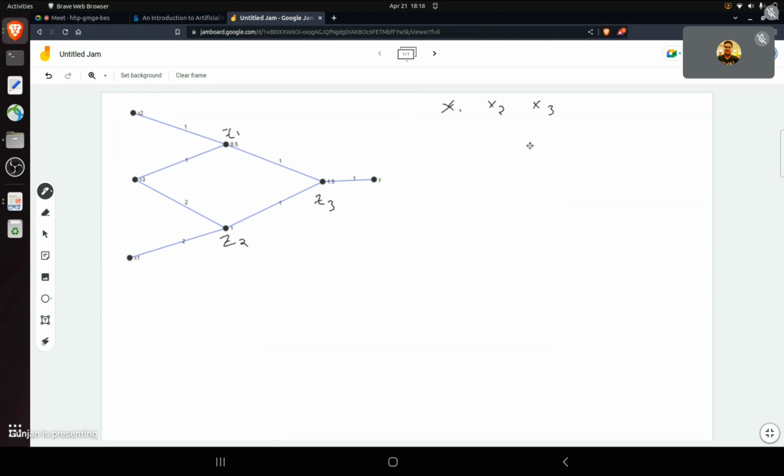When x1, x2, x3 are all zeros, what will we get? z1 will be 0 plus 0, so z1 will be 0, because it is less than 0.5, it will not trigger. So this will be 0, and z3 is 0. And for y also, we get 0. So when x1, x2, x3 is 0, y is 0, right?